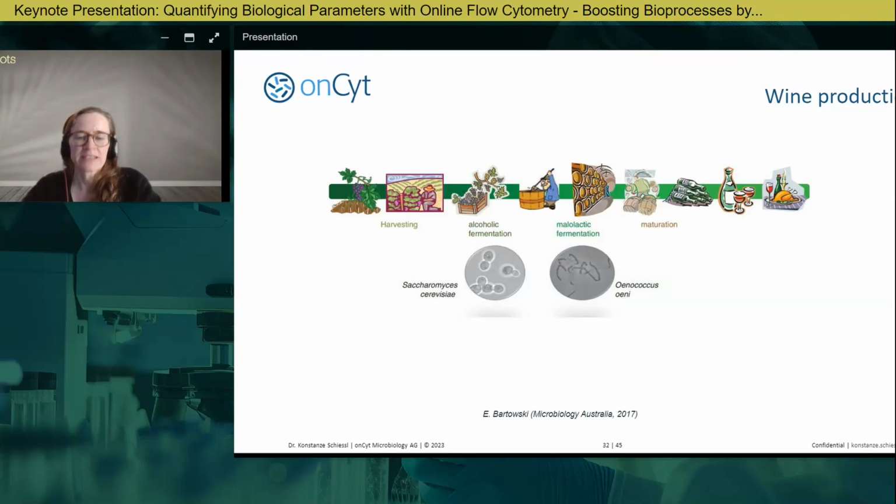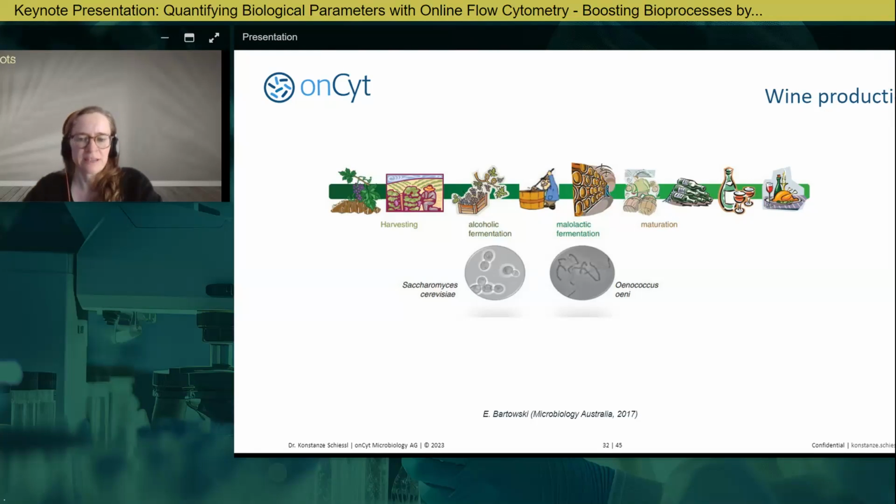And then after that, it should be followed by microbes. So for example, this Oenococcus oeni, so the wine is already in there. This does something that's called malolactic fermentation, and this is really important for the taste of the wine. And so you need to have a kind of complex ecosystem in this production process.